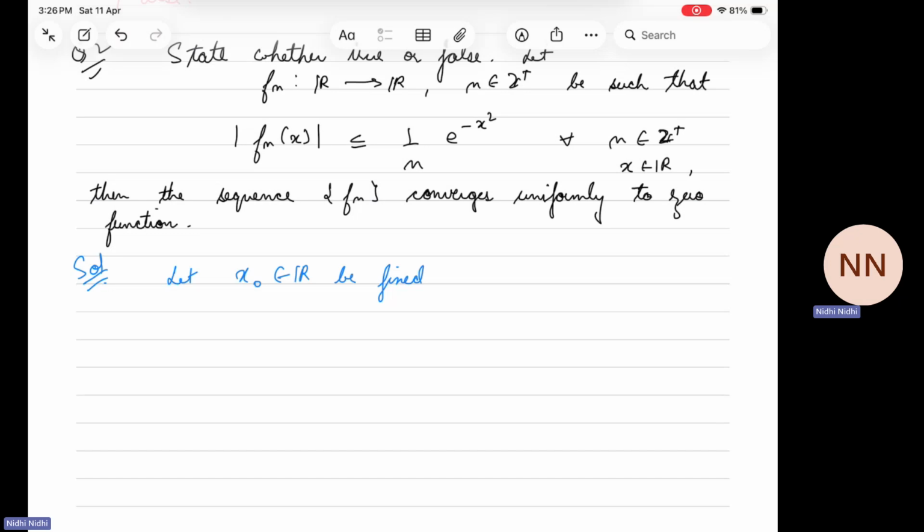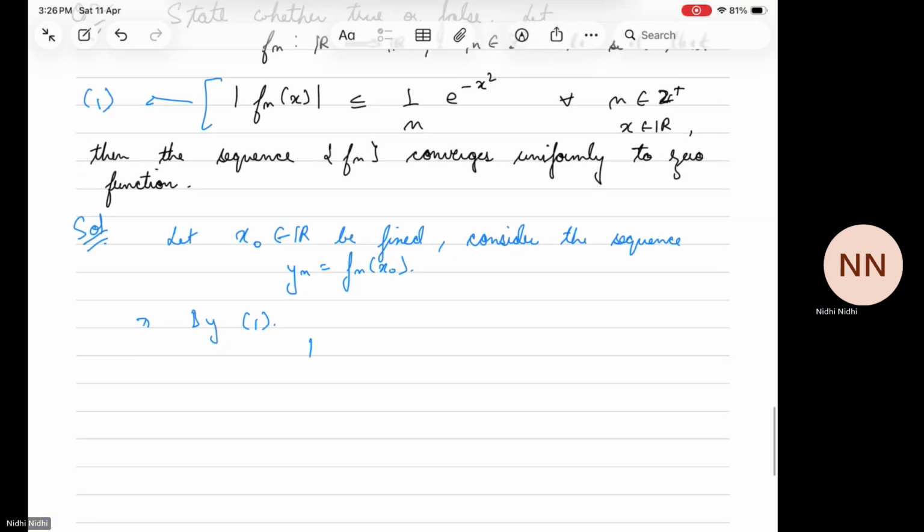We consider the sequence y_n to be f_n at x naught. If I mark this as first, so by first, |y_n|, which is actually |f_n(x_0)|, by equation first, is less than or equal to (1/n) e^(-x_0^2), because that happens for every x in R.